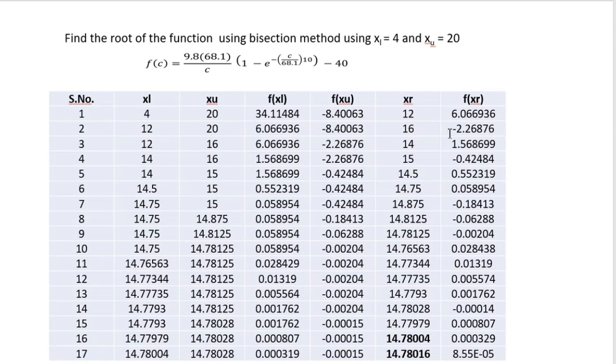I get minus 2.26876. Here the function value is coming negative. So now I conclude after the second iteration that the range of search lies between 12 and 16, because for 12 the function value is positive and for 16 the function value is negative.